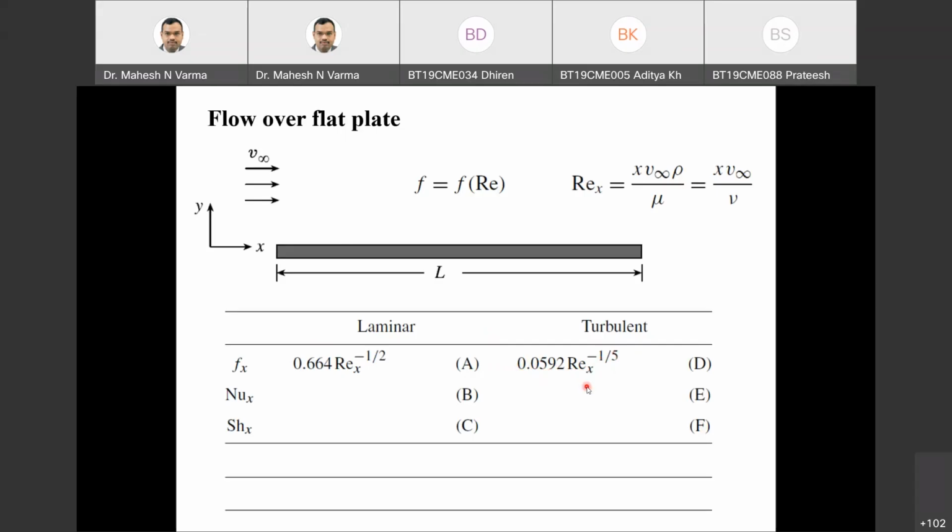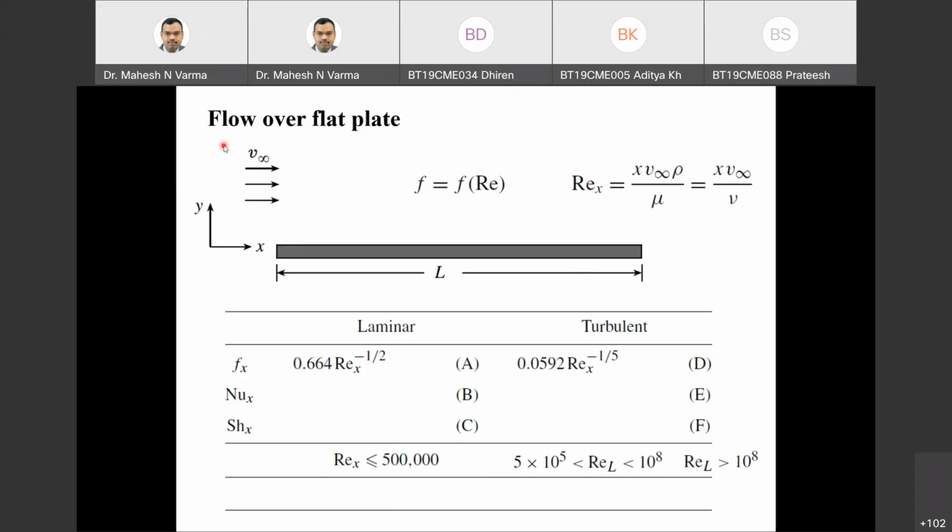Now, as I am telling you about Reynolds number, according to this definition of Reynolds number, if Reynolds number is less than 500,000, it is called laminar flow, as per this definition, for flow over a flat plate. Only knowing that Reynolds number is less than 500,000 and the flow is laminar is not enough.